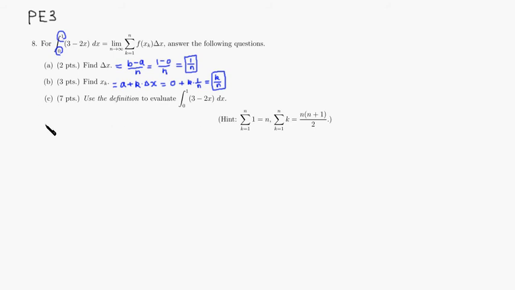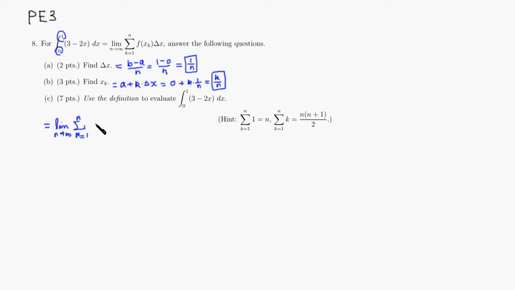So let's try to evaluate this. This integral can be written as a limit as n approaches infinity of a summation k. You can use i instead of k, but in this case I use k. k goes from 1 to n.